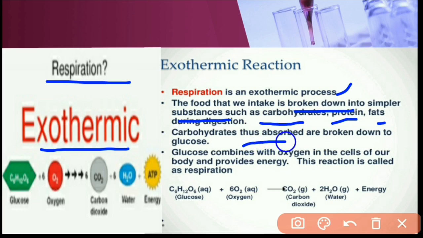Carbohydrates that are absorbed are broken down into glucose, and glucose combines with oxygen in the cells of our body and provides energy. This reaction is called respiration.